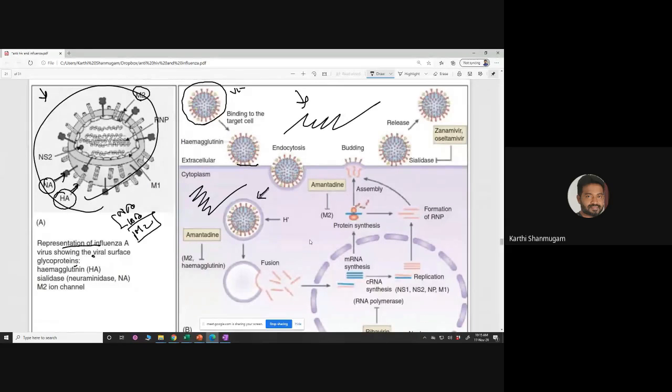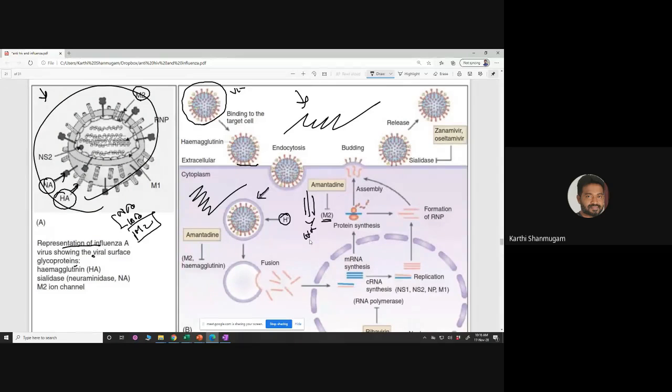Because of the entry of more H plus ions, the acidity of the environment increases, with the help of the M2 ion channel. The main job of the M2 ion channel is to allow H plus ions to enter the cell. Once the H plus ion concentration increases, it is more acidic.